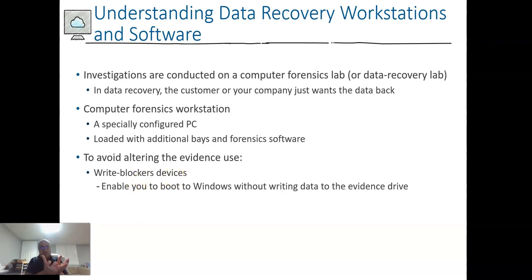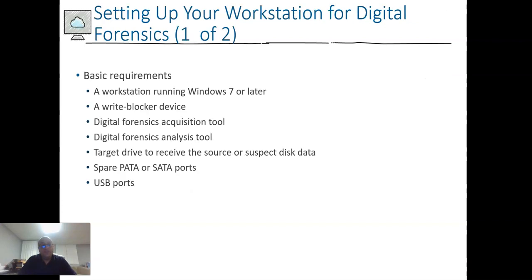It is placed in the computer like a part of the computer, and when you put the data in, nobody can change it. Nobody can touch it. It is just readable, okay? Basic requirement: Windows 7 or later, maybe Windows 11 now, we should say. A write blocker is a device where, when you put the data in, nobody can change it.